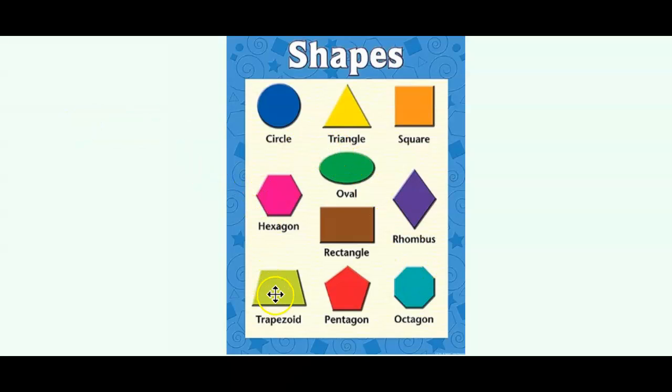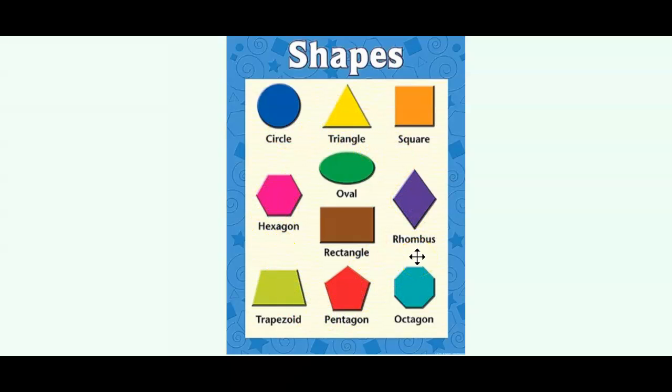Notice the beginnings of these words. Penta, octa, hexa. Sometimes the beginning of the word will give you a clue to how many sides the shape may have. Notice these shapes.